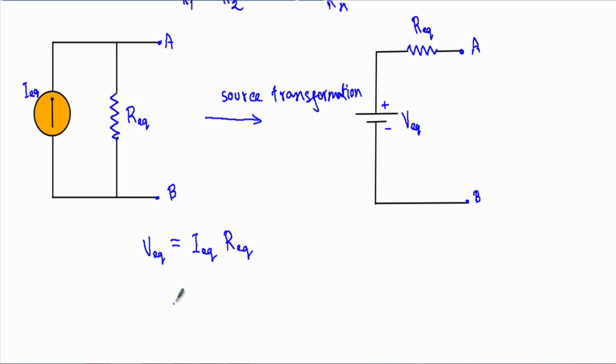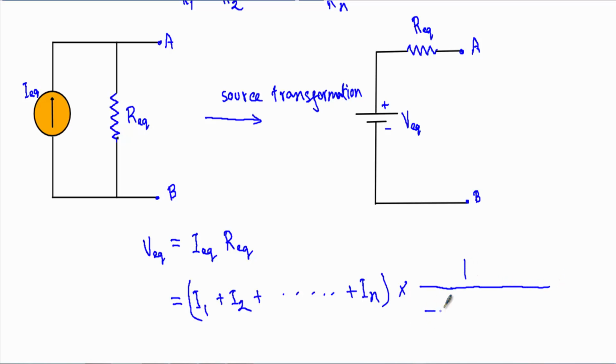I have shown you that I equivalent will be equal to the sum of currents I1 plus I2, just like this up to In, into 1 by R1 plus 1 by R2, just like this up to 1 by Rn.